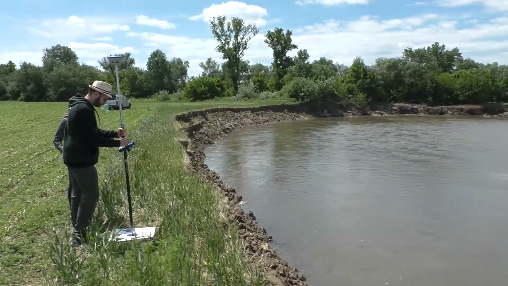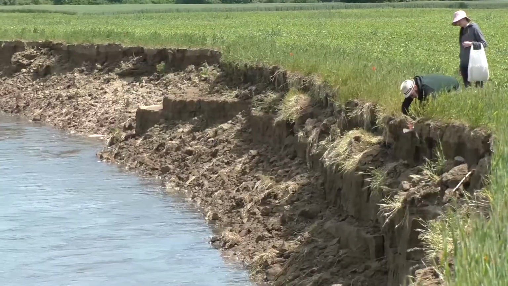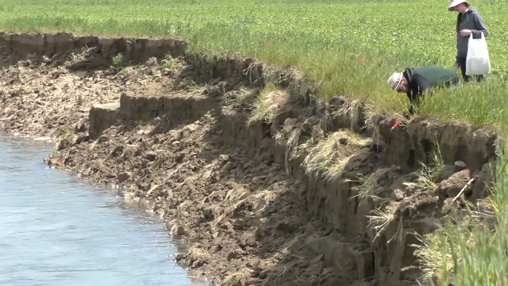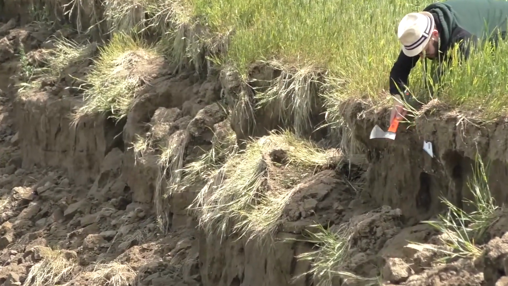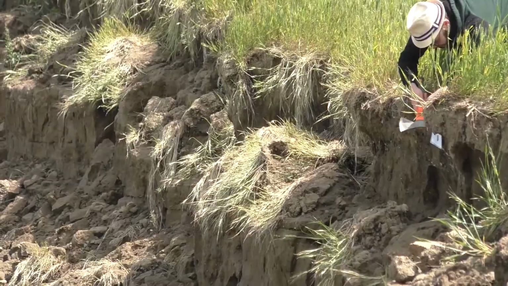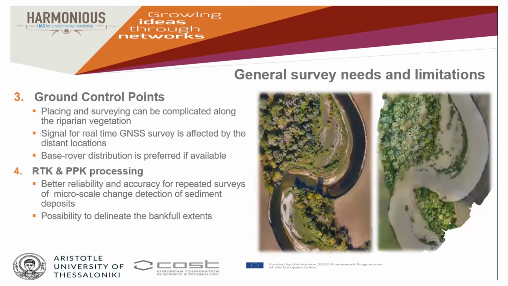If we are able to measure one precise coordinate somewhere on the floodplain, then we can broadcast that signal. So the ground controls can be a problem, especially if you would like to make a time series and look at micro scale changes. We have to well co-register all the surveys. So with the ground control, you have to pay attention.